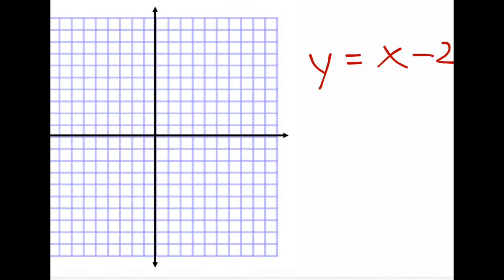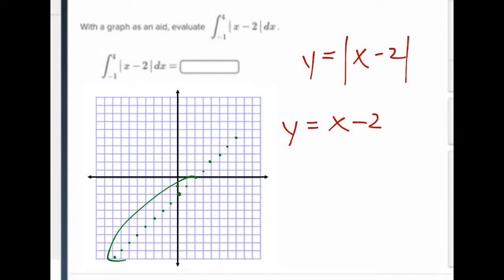The slope is 1. And there we go. But it's an absolute value graph. So any values that are negative, which are all of those except for the 0 point, are just going to be flipped over the x-axis and changed to positives.